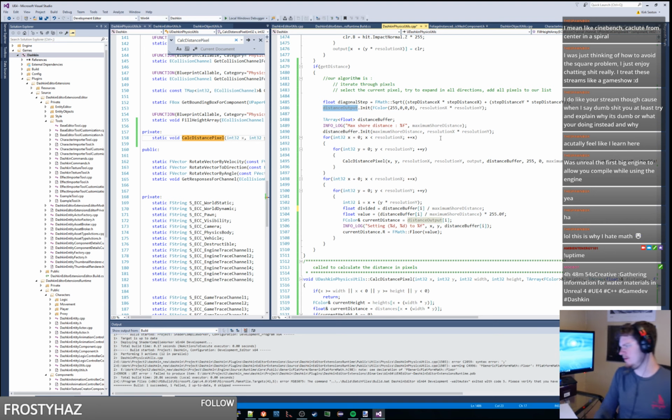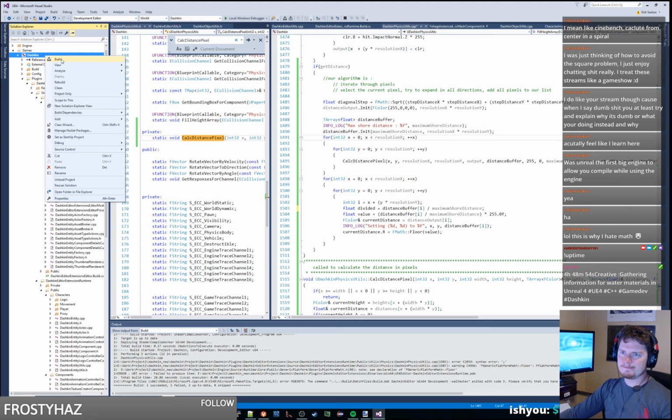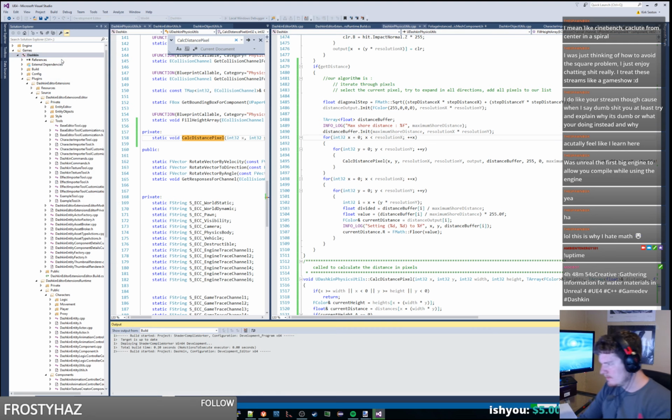The big thing is, it's not going from 0 to 1. It's not doing that at all. Why wouldn't the middle be white? And the step is just all sorts of trash.